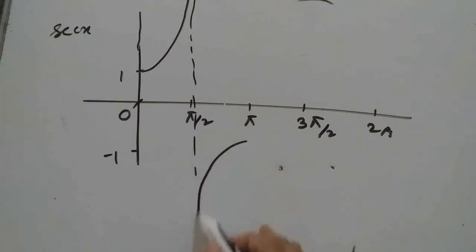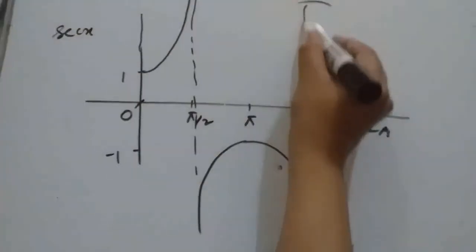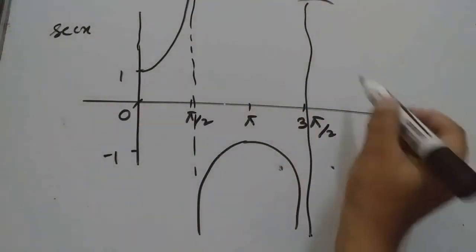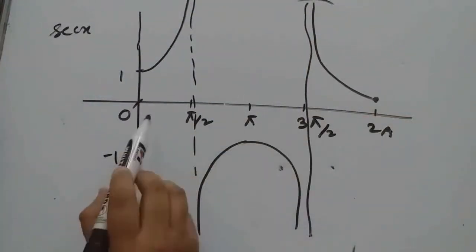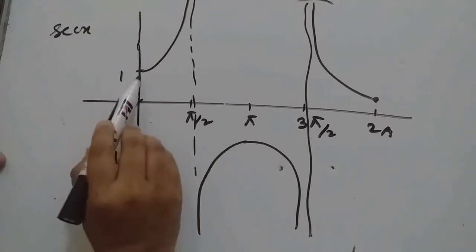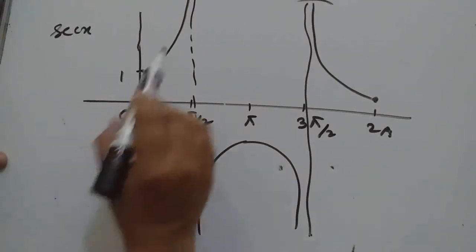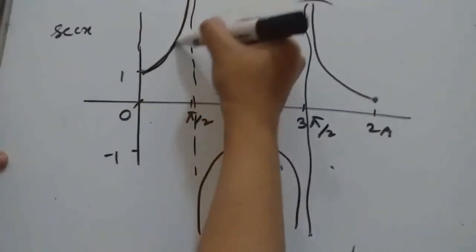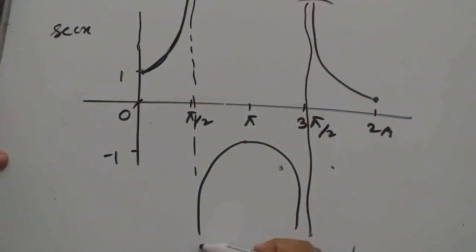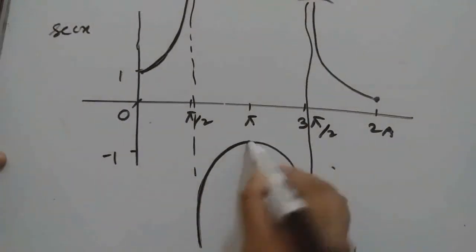So what we can say here is that in the first quadrant the value increases from 1 to infinity, and here in the second quadrant it increases from minus infinity to minus 1.